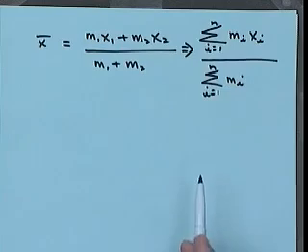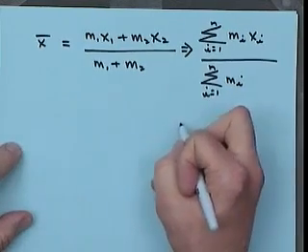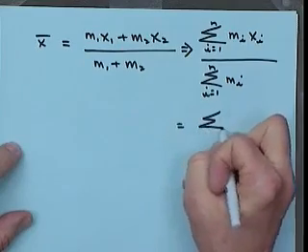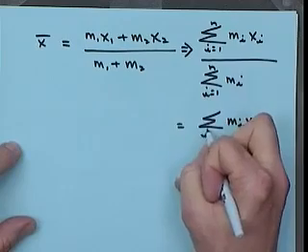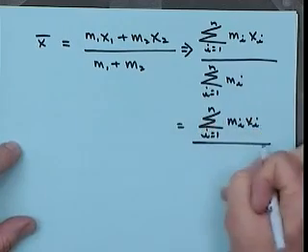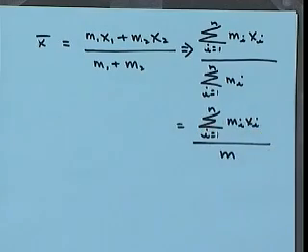And whatever we have in the denominator would just be the sum of all the masses, or the mass of the system as it's referred to. A lot of times you'll just see big M in the denominator. So that's the mass of the system, the sum of all the masses.